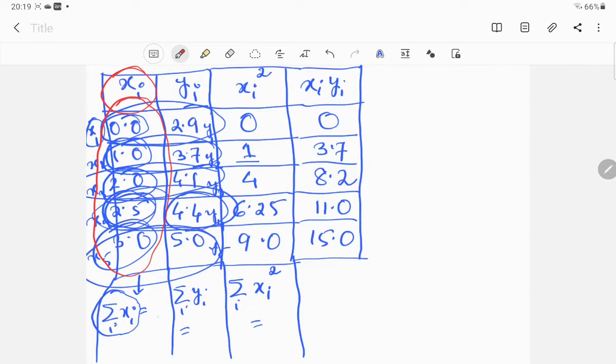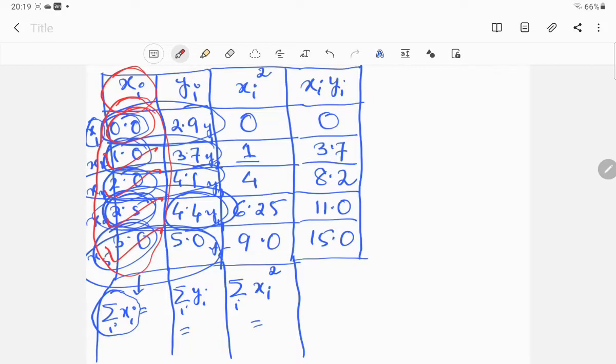If you add all of them, it is 0, then 1 plus 2 means 3, plus 2.5 means 5.5, then 5.5 plus 3 is equal to how much? Let me do it again.